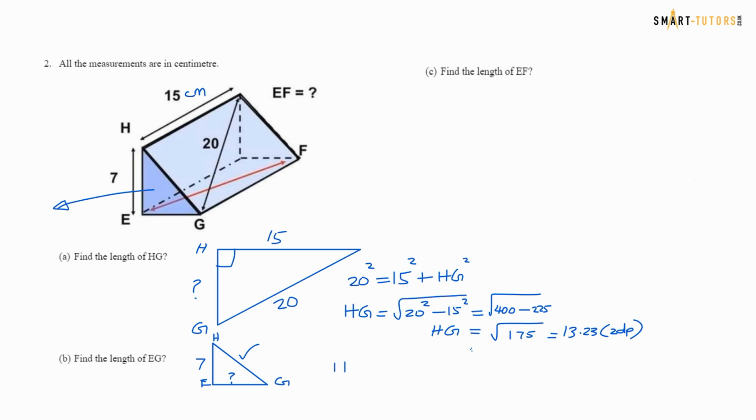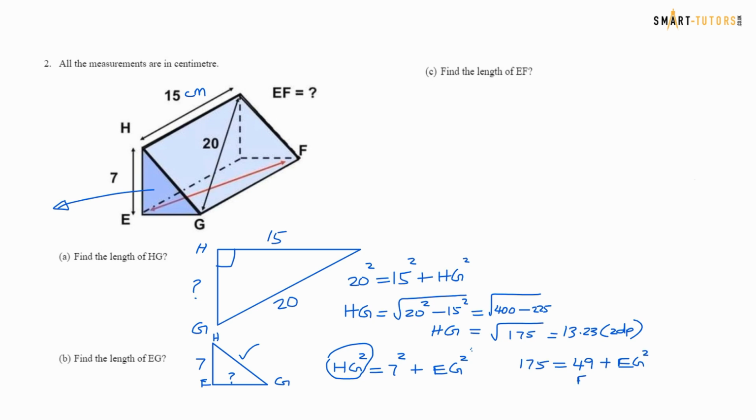So HG squared equals 7 squared plus EG squared. Now HG squared, I know HG is the square root of 175. HG squared is 175, isn't it? So 175 equals 7 squared, which is 49, plus EG squared.